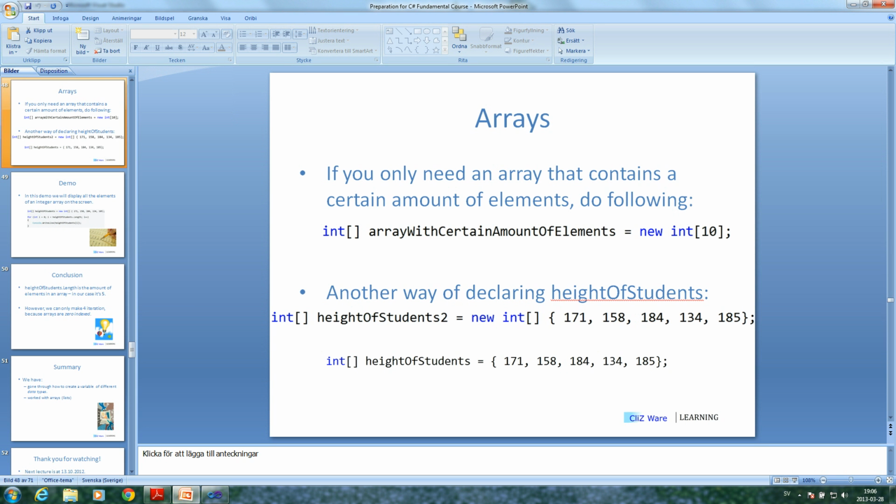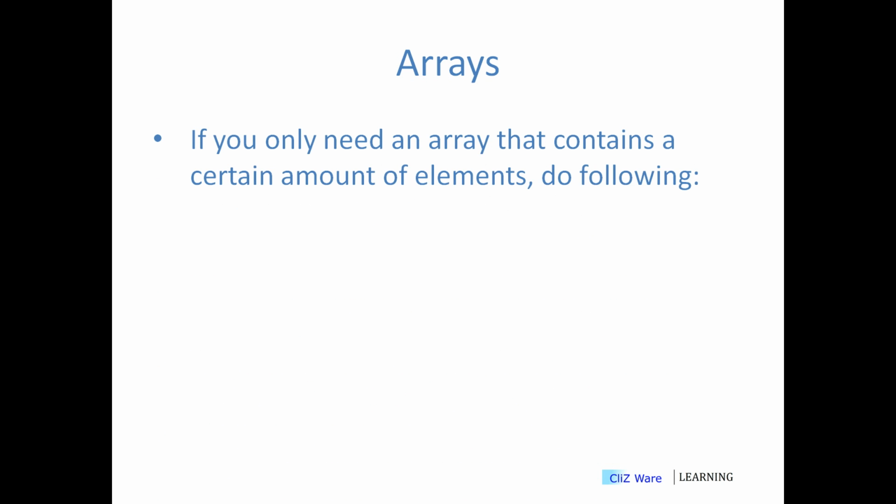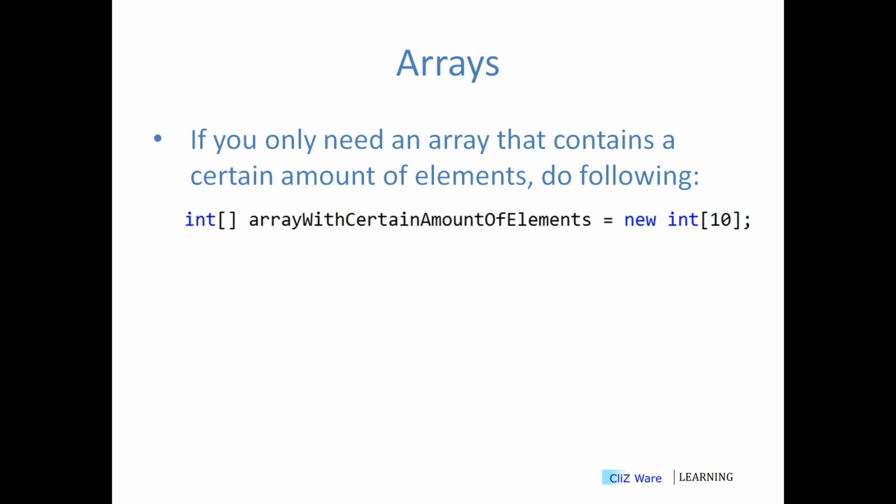Let's now summarize what we have done. One of the things when you declare an array: we declare an array and we enter how many places of integers we will allow this array to have.